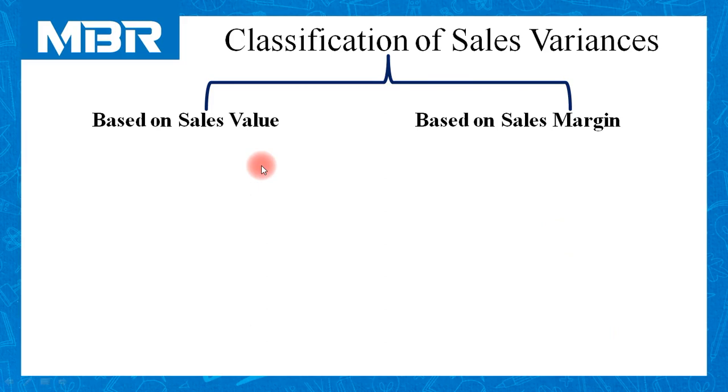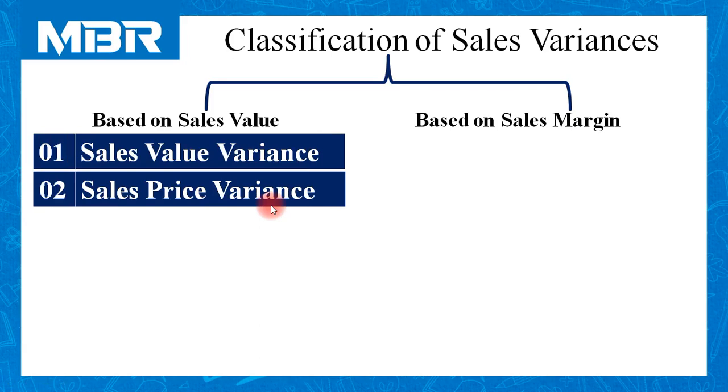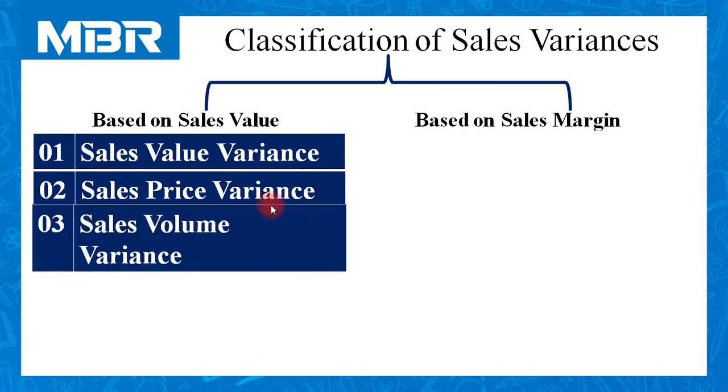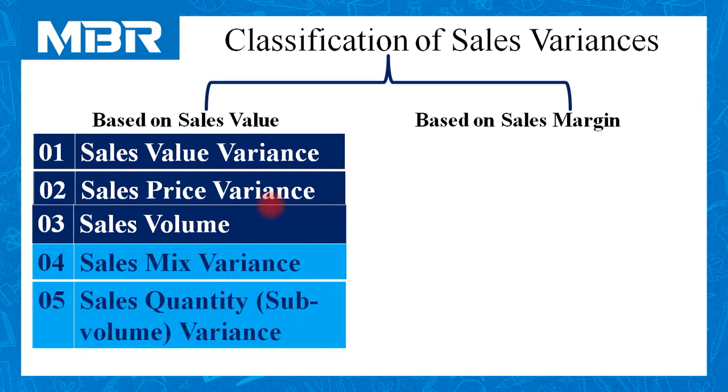In previous sessions, we have discussed variances based on sales value. That is sales value variance, sales price variance, sales volume variance, sales mix variance, and last, sales quantity or sub-volume variance.